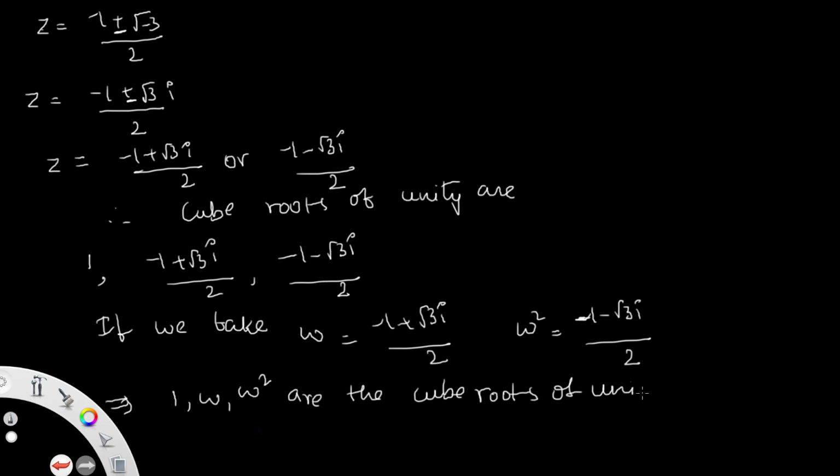What are the cube roots? Omega means minus 1 plus root 3i by 2, whereas omega square is minus 1 minus root 3i by 2. Unity means 1, so the cube roots of 1 are 1, omega, omega square. So this is the derivation of the cube roots of unity.